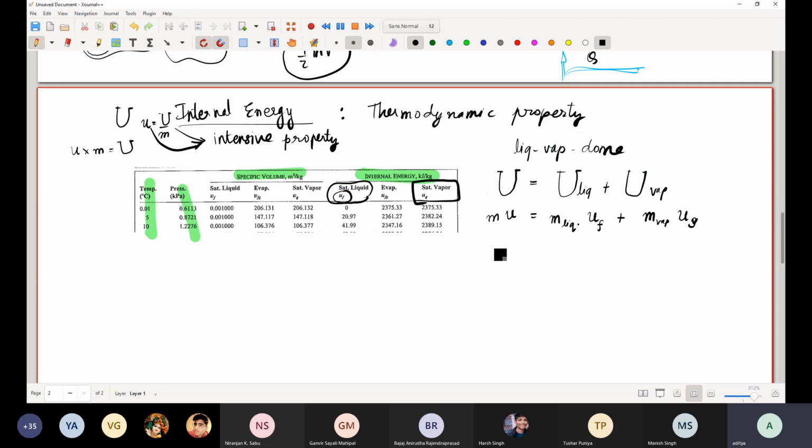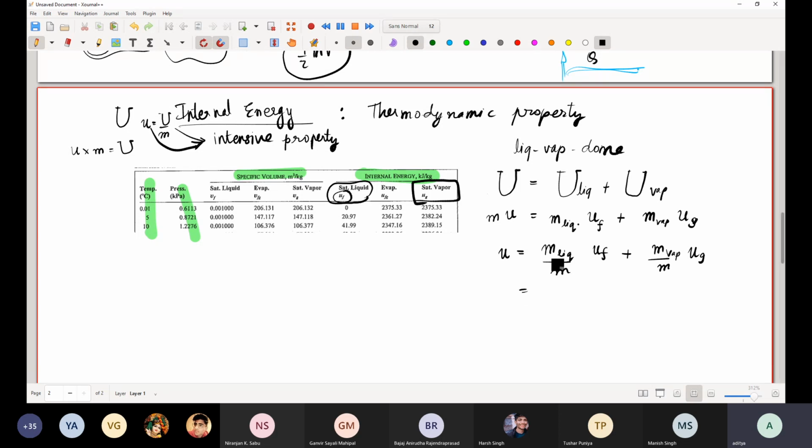Okay, so now we can divide everything by mass. So you have U is equal to M liquid UF over the total mass plus M vapor over total mass times U of the gas.